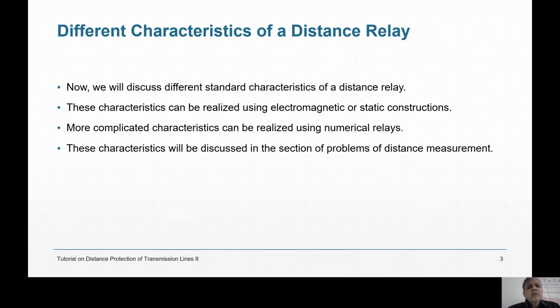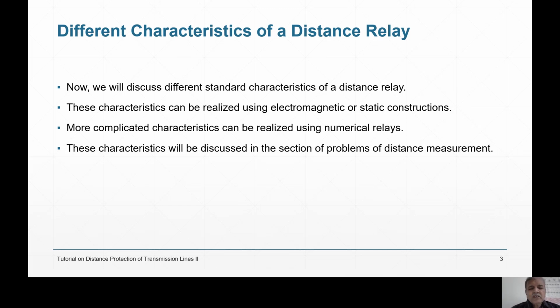But now we will see these four basic characteristics. And my friends, as the topic is long, today we will be able to discuss only 2 out of 4.